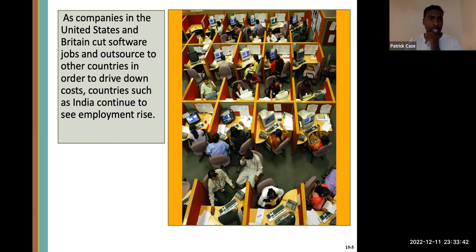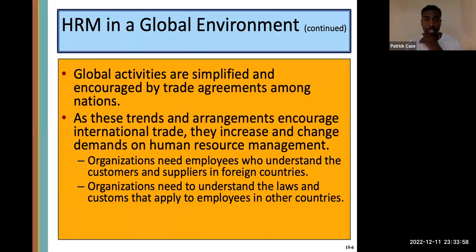Okay. So here we have a call center, right? Which we would expect to see, or a lot of times when you call certain companies, they have their call centers in India, right? Because India has a plethora of engineers and folks that are really good on a technical aspect.